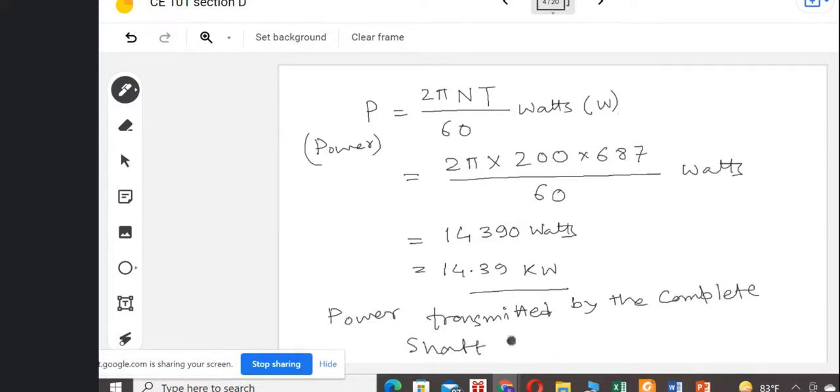Complete shaft means ABC, AB and BC together. The power transmitted by that is 14 point some 3, or 14.7, whatever, kilowatt.